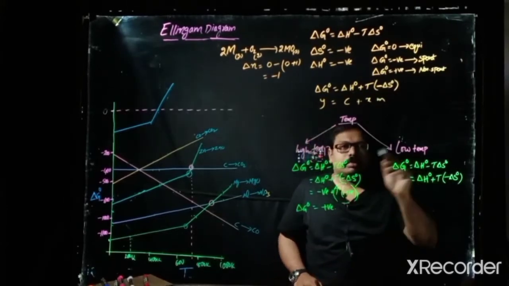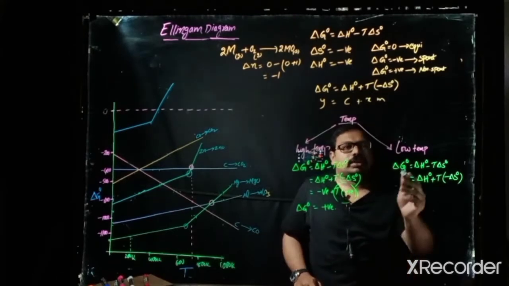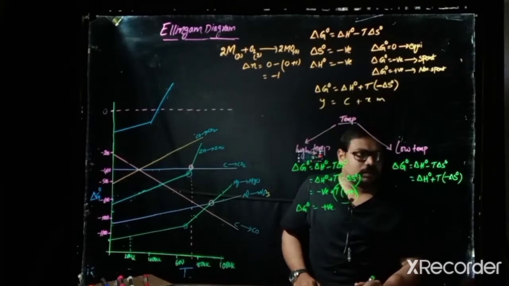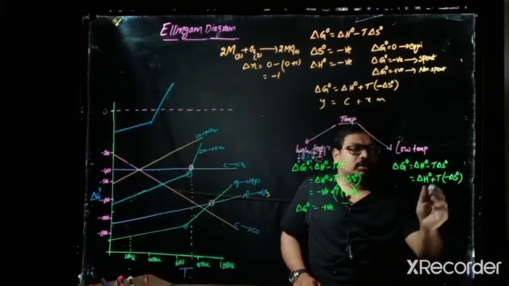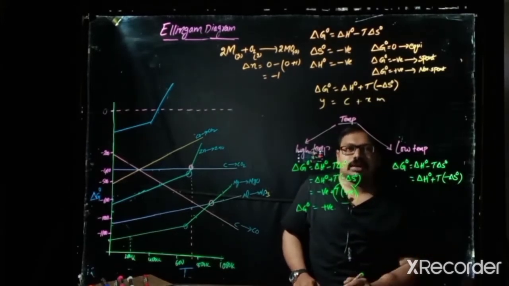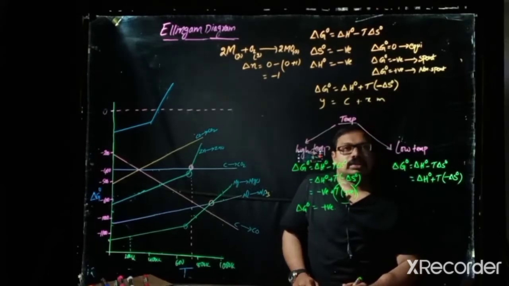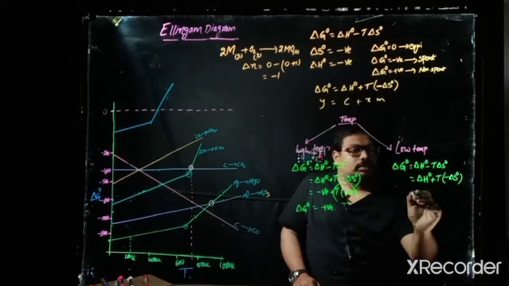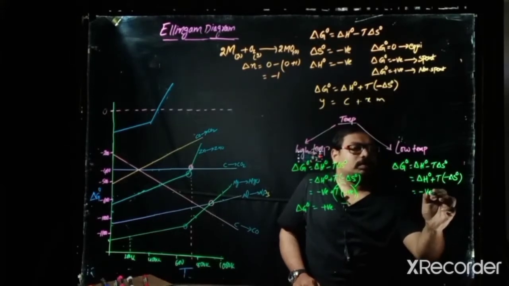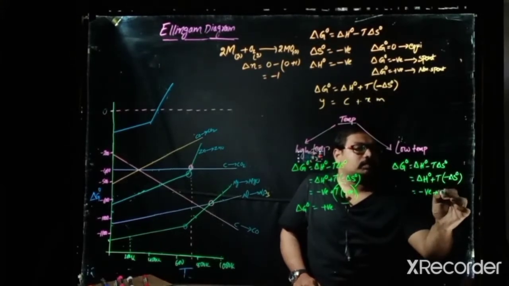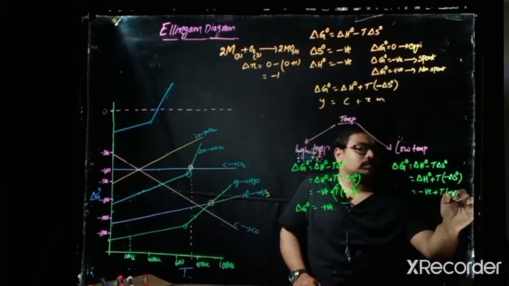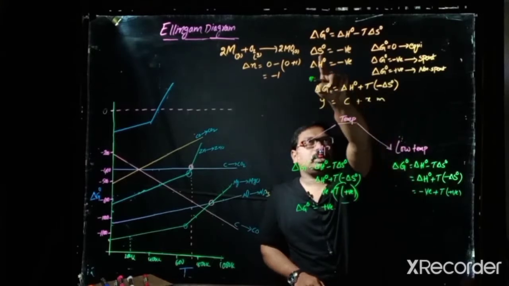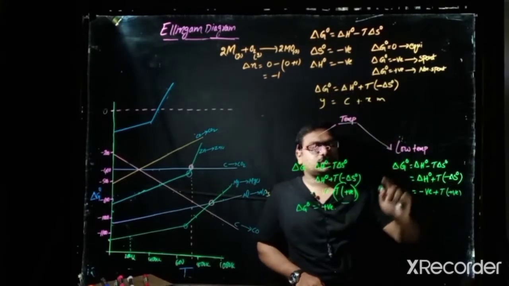Coming to low temperature, delta G naught is equal to delta H naught minus T delta S naught, so delta H naught plus T into minus of delta S naught. I am rearranging that. Here the delta H naught will be negative and this term will be positive, since minus into minus is positive.